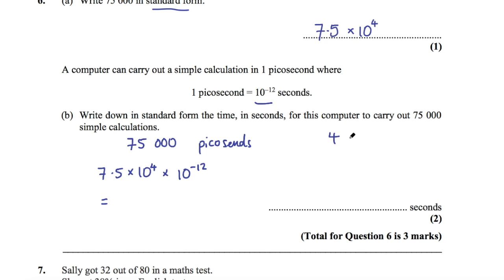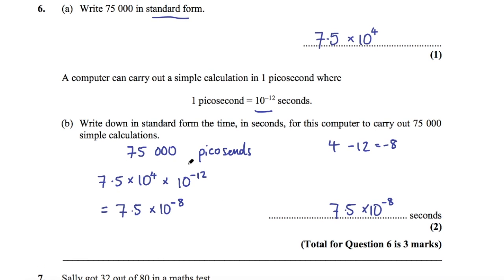So 4 minus 12, that's minus 8. So this is going to equal 7.5 times 10 to the minus 8 seconds. Okay, so we just multiplied 75,000 by the amount of seconds in a picosecond.